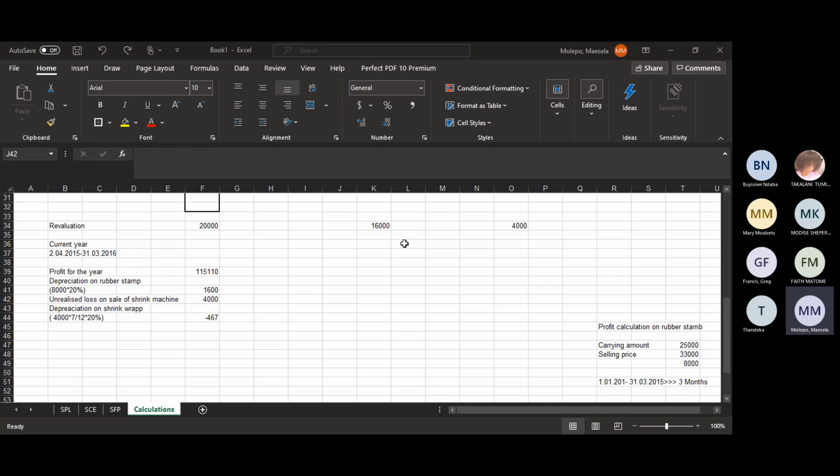So in this case, we have the subsidiary selling a depreciable item. Subsidiary selling a depreciable item, just hold on. Subsidiary selling non-depreciable, parent selling to subsidiary.